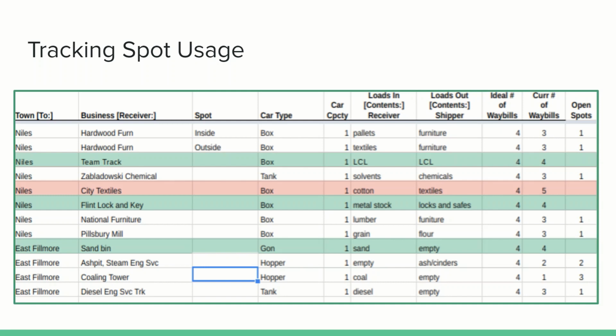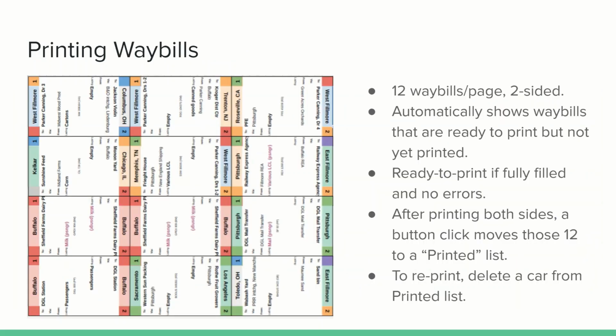You can see there's some color coding here, where green indicates I wanted 4 waybills and I've got 4 waybills. I'm essentially done with that one. It's filled up. White lines indicate that there could ideally still be some more cars heading to that destination, and red indicates that I currently have more cars than I've indicated as my ideal.